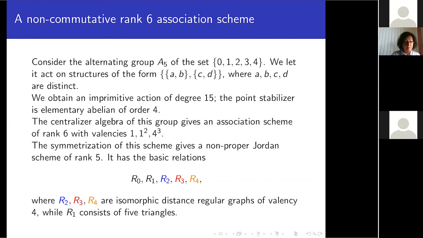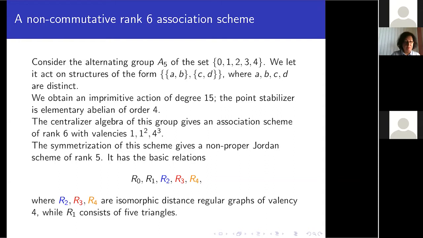We start with the alternating group A5 on the set of points 0, 1, 2, 3, 4, and let it act on pairs of disjoint edges, so pairs of disjoint pairs. We get an imprimitive action of degree 15, and the centralizer algebra of this group is an association scheme of rank 6.